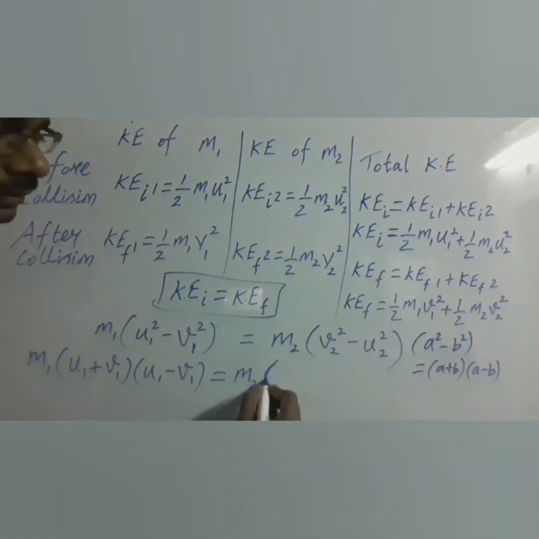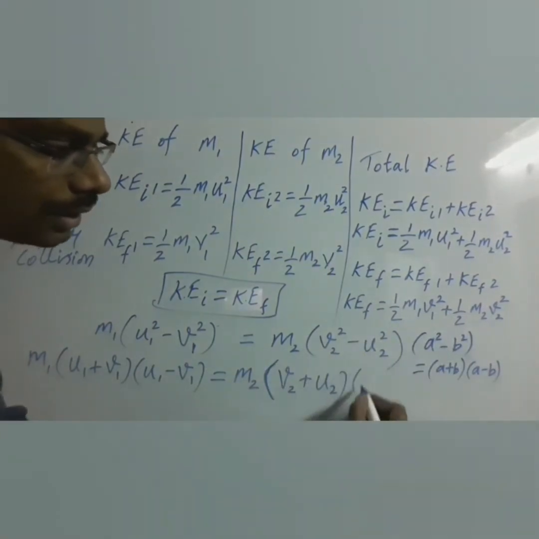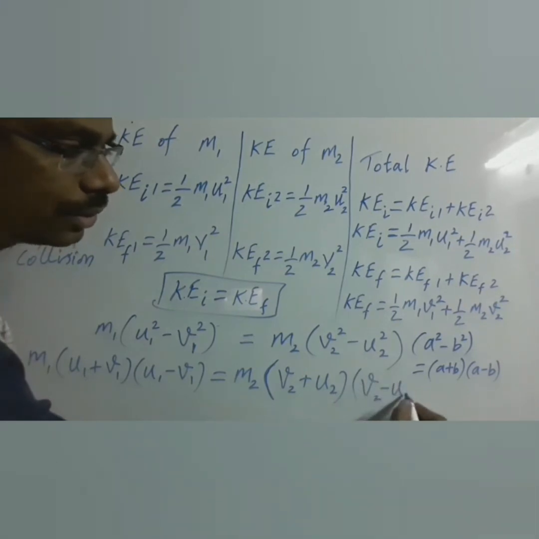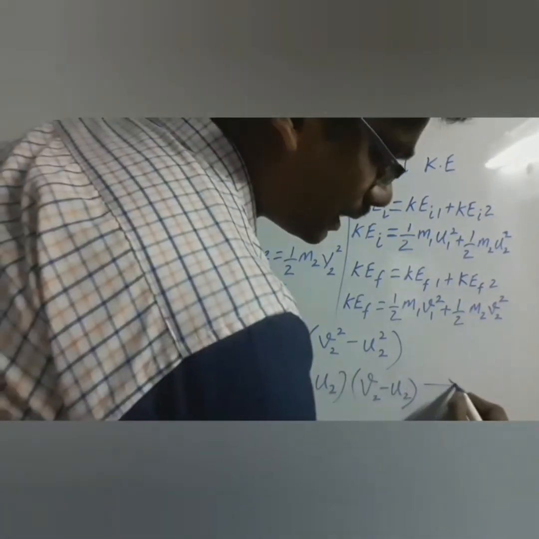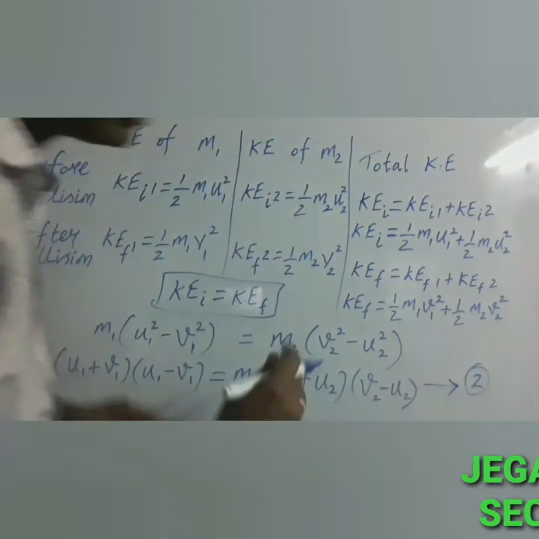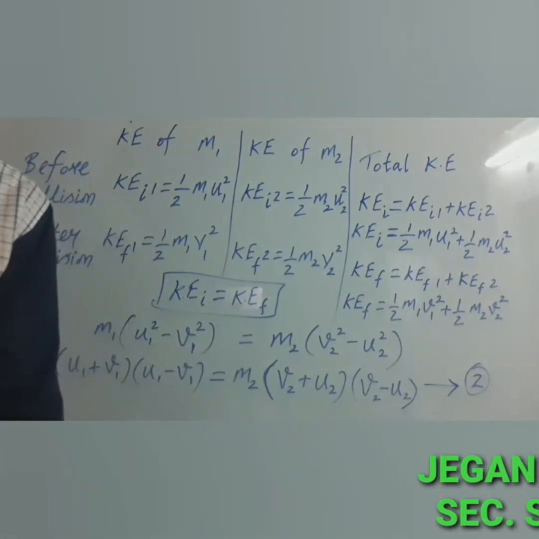Here also we can use that equation: (v2 plus u2) into (v2 minus u2). Let us take this expression as the second equation. Already you have noted down the first equation. Here it can be noted down as the second equation.